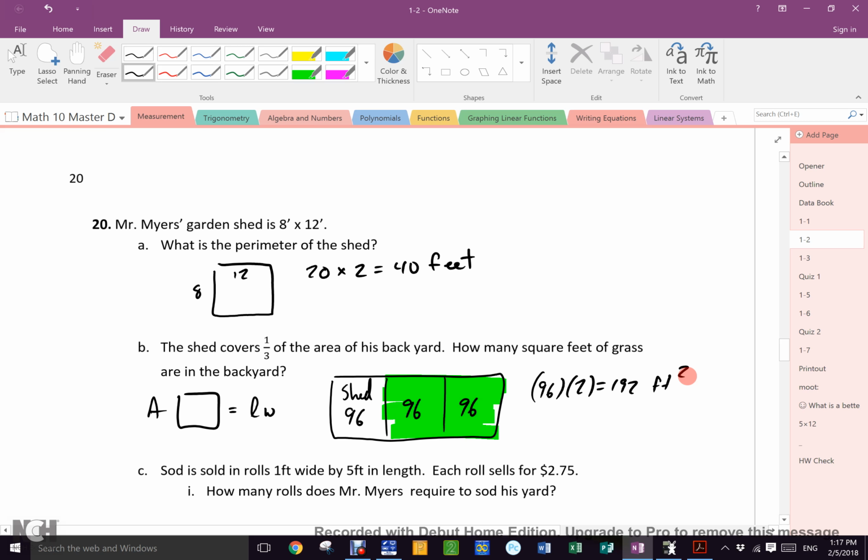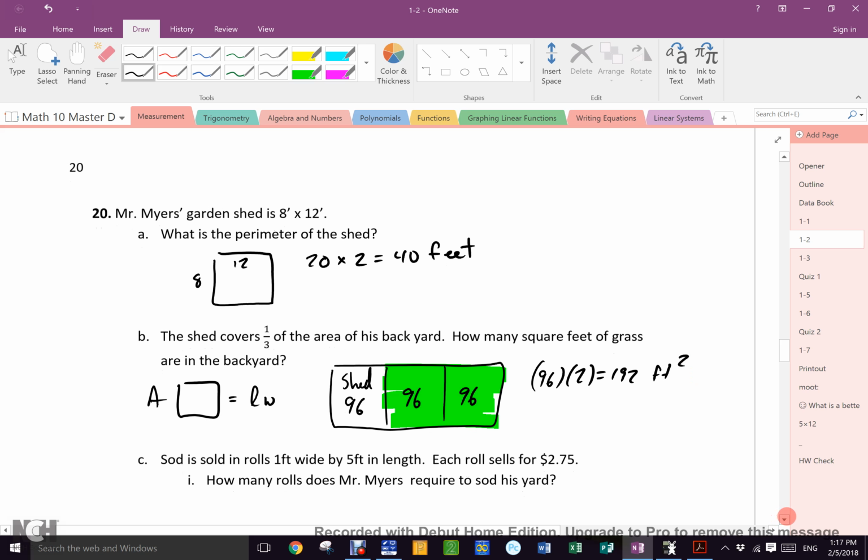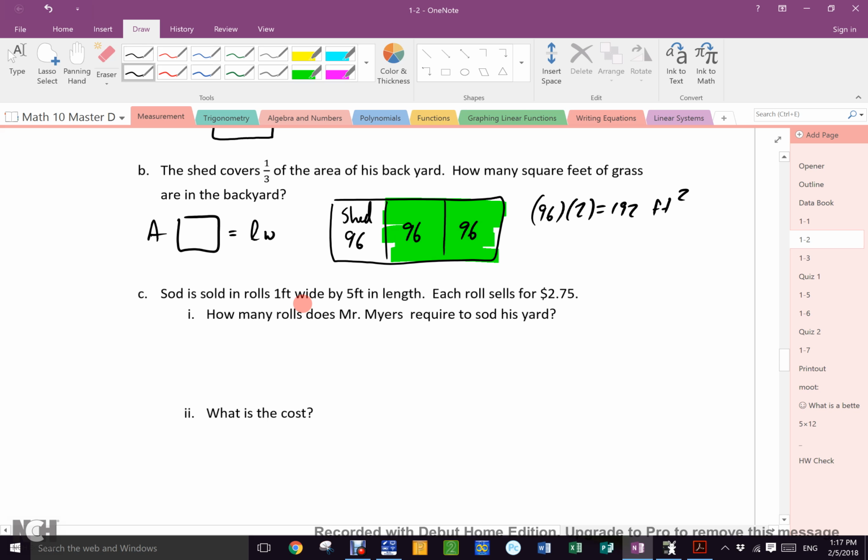Everybody with me? Okay. So now I can buy rolls of grass that are 1 foot by 5 foot. So how much grass is in one roll? 5 feet squared. I need to cover 192 feet squared.